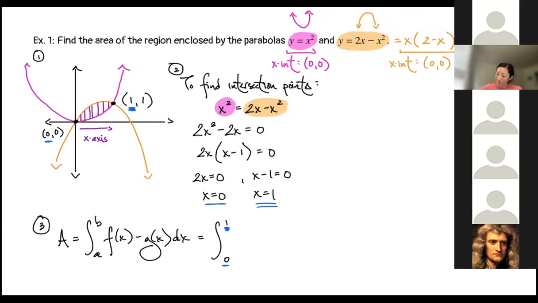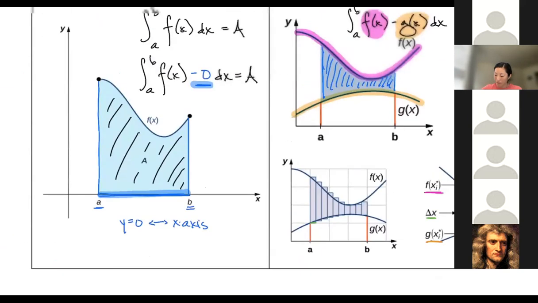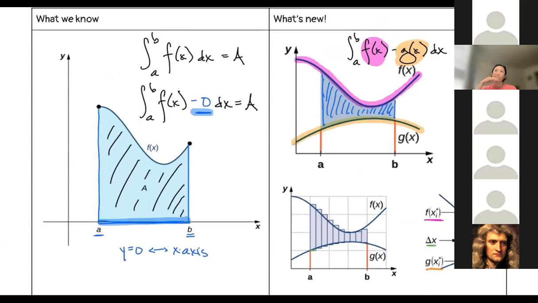Yes, okay. All right, so remember, we're trying to decide which one of these y's should be our f of x and which one should be our g of x. So. Okay. These are great observations.